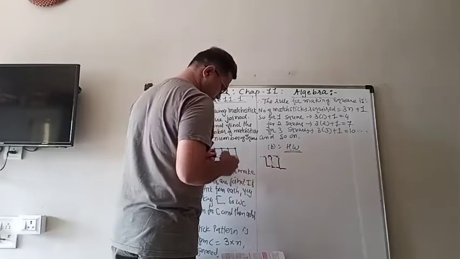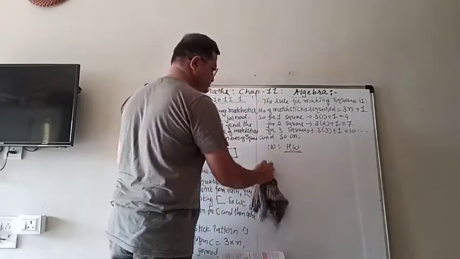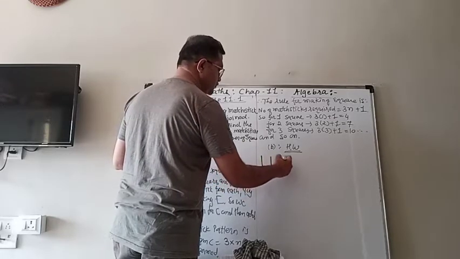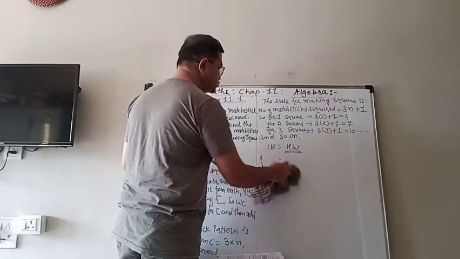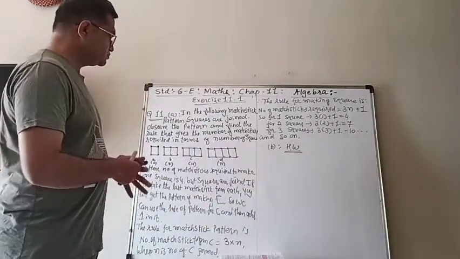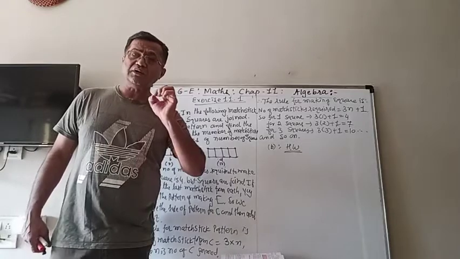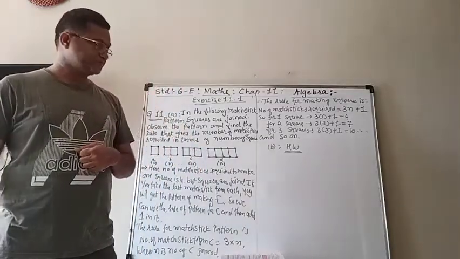But now here, you can see that one matchstick is common. Similarly, to make L also, every L was made with 2 matchsticks. Here, the difference is there. So now, we have to use our mind.